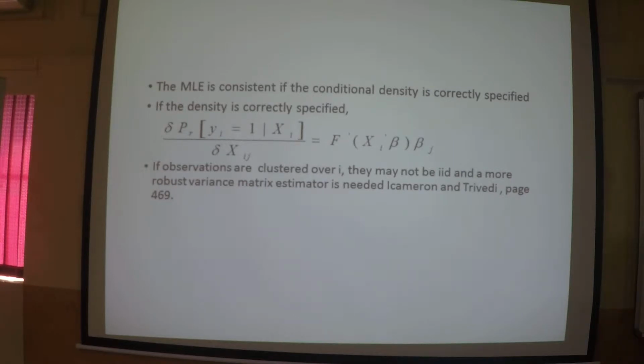What we have is probability yi is equal to 1 is f of xi dash beta. So what is the impact of x on the probability? The derivative of probability yi equals 1 with respect to x is f dash of xi beta into beta, by the chain rule.